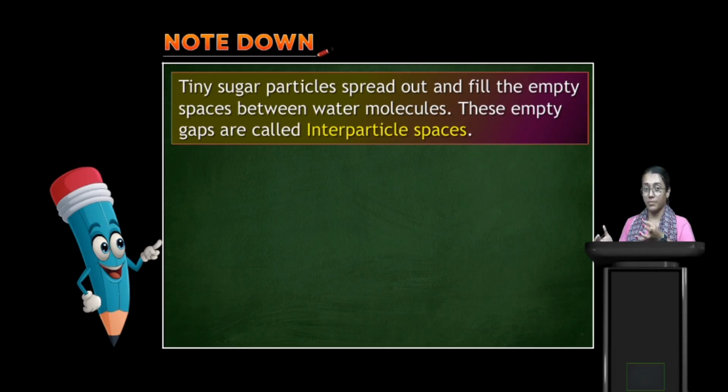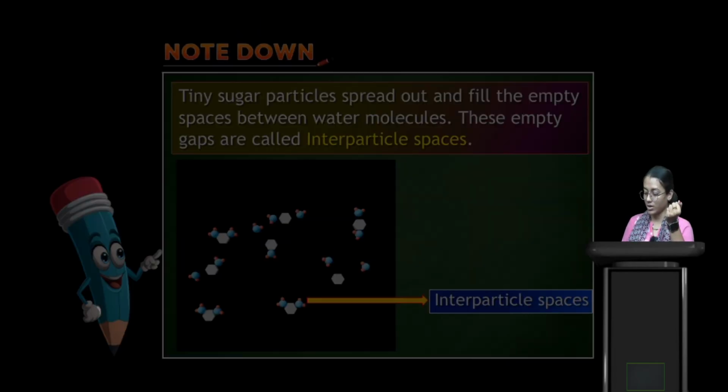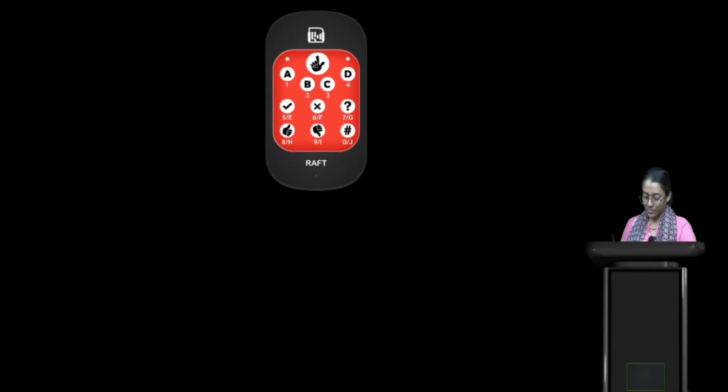Within that space, the molecules of the sugar enter. And these empty gaps are known as interparticle spaces. See, these are interparticle spaces. Clear, everyone?